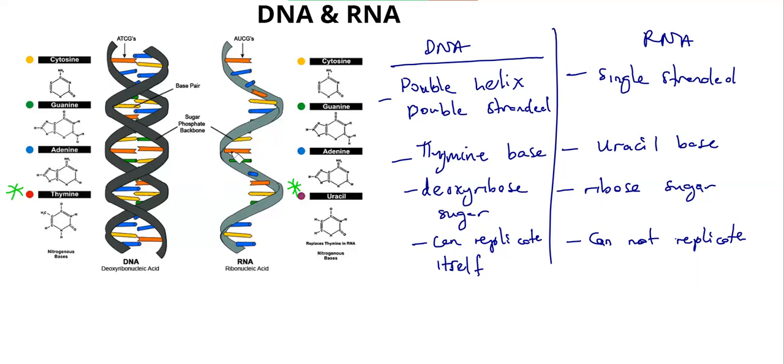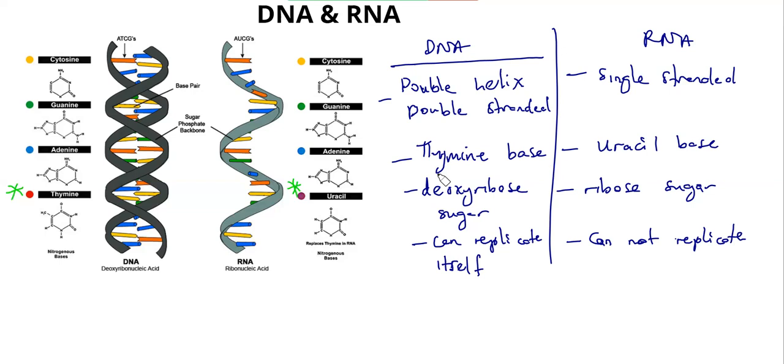You can see that the RNA is single-stranded, DNA is double-stranded. When you see a double strand like this, you know that it is DNA. When you see a single strand, you know that it is RNA. Whenever you see uracil, you know that you're dealing with RNA.